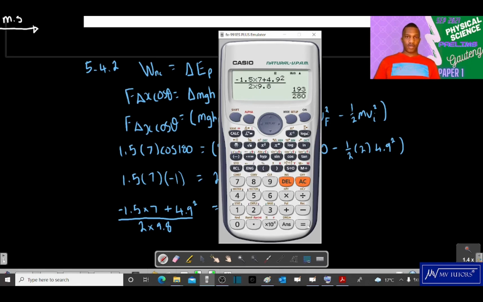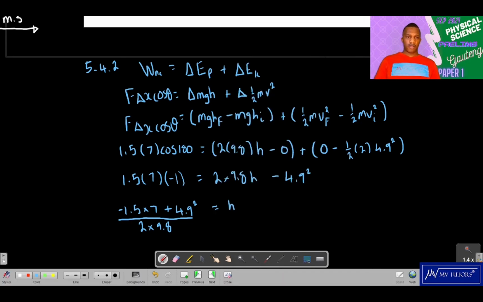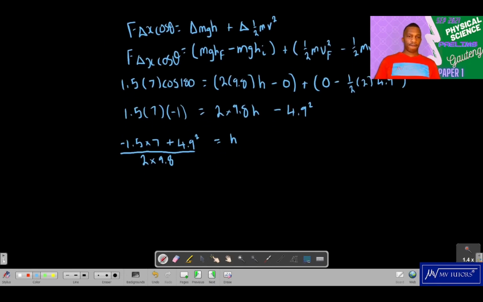Okay, and then what do we get? 0.689. Do I want it in 2 decimals or 3? Let's do it in 2. So it's going to be 0.69. Thank you, calculator. Therefore the height is equal to 0.69 meters. That's our final answer right there.